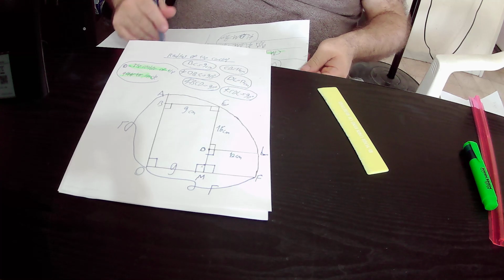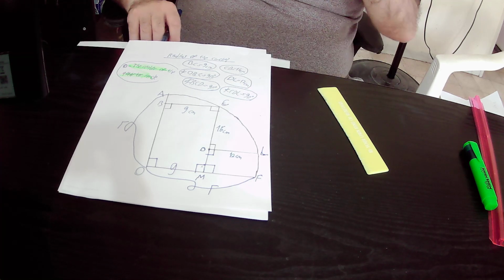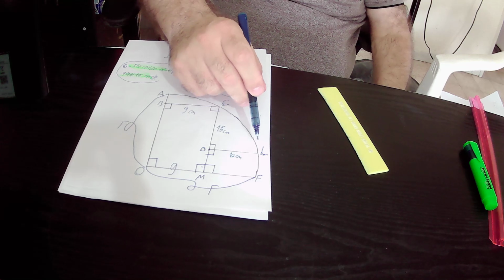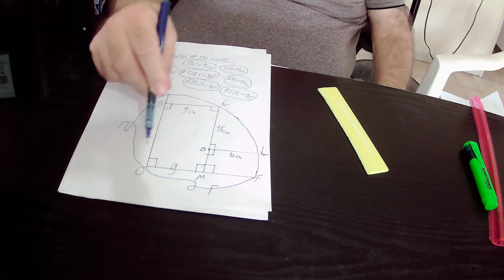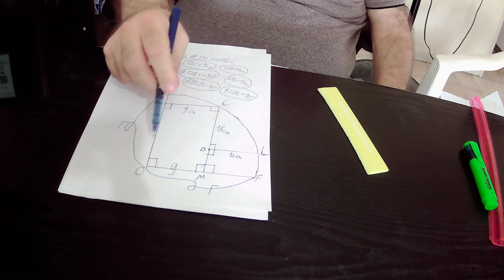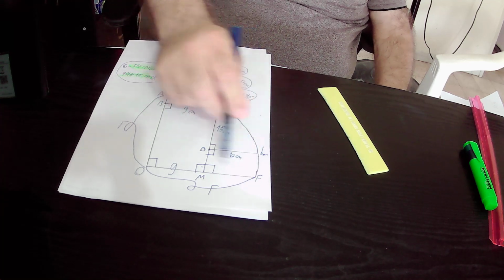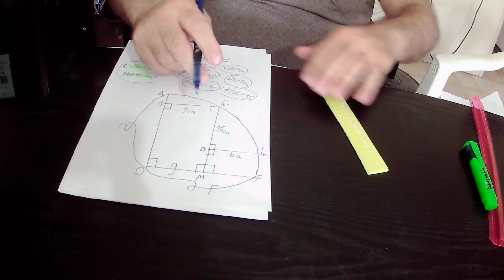In the next step, we'll do a construction from point L. We'll draw a perpendicular on OF. I'll repeat again. From point L, we'll draw a perpendicular on the radius OF.